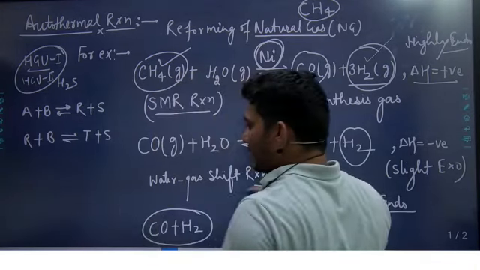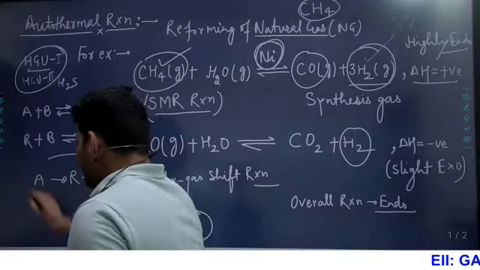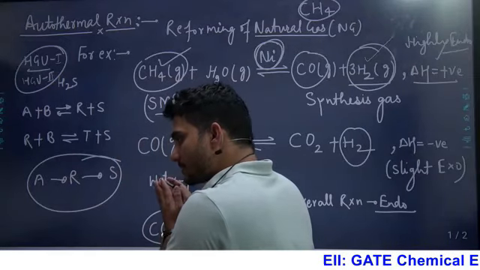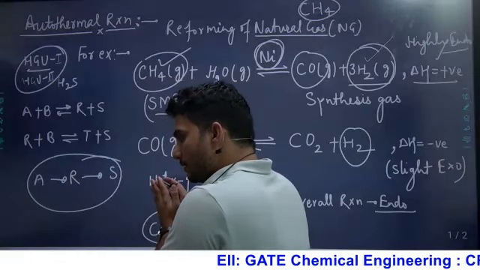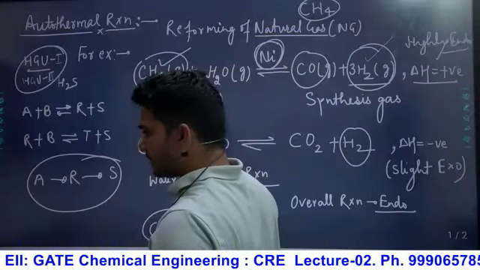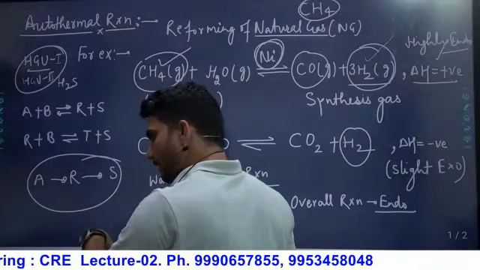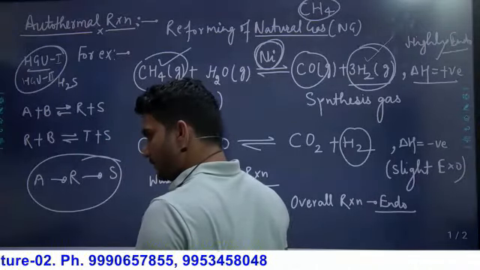Later I will discuss this series reaction, A gives R gives S. This type of reaction you will find in industry. For that reaction we will understand the kinetics: how the concentration of A will vary, how the concentration of R will vary, how the concentration of S will vary with time.